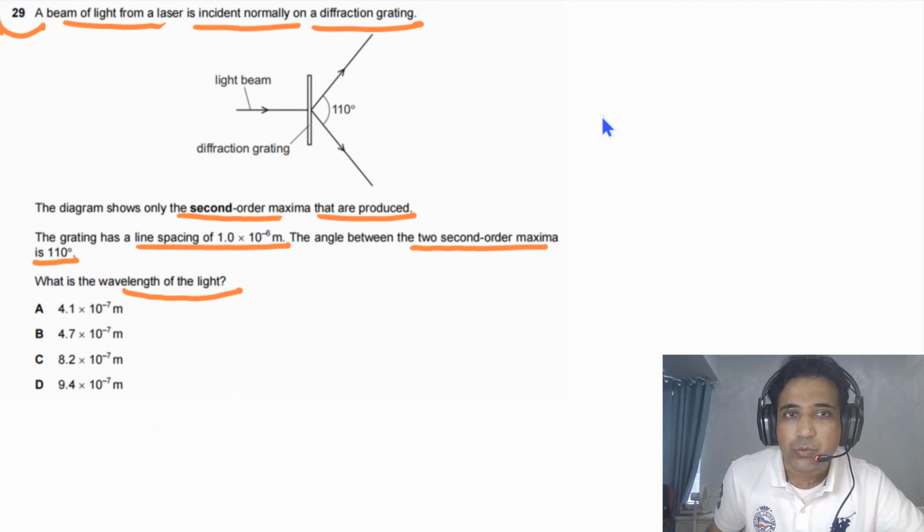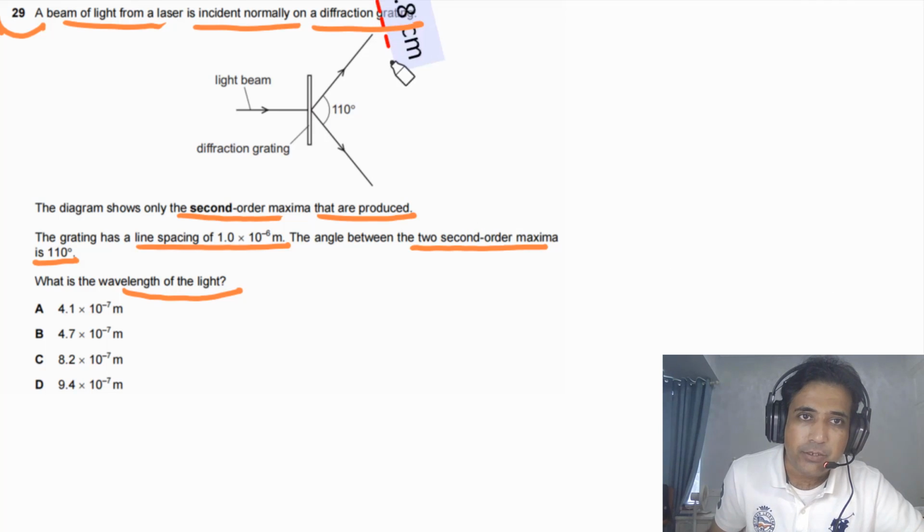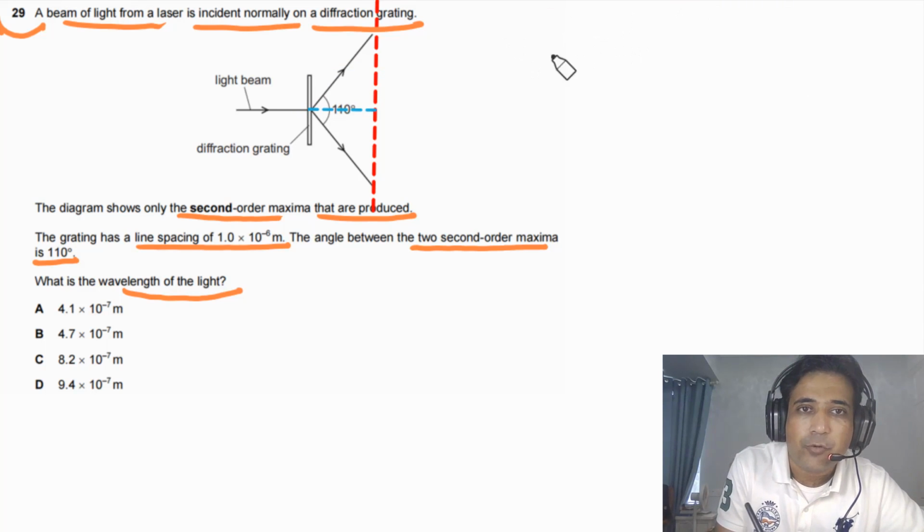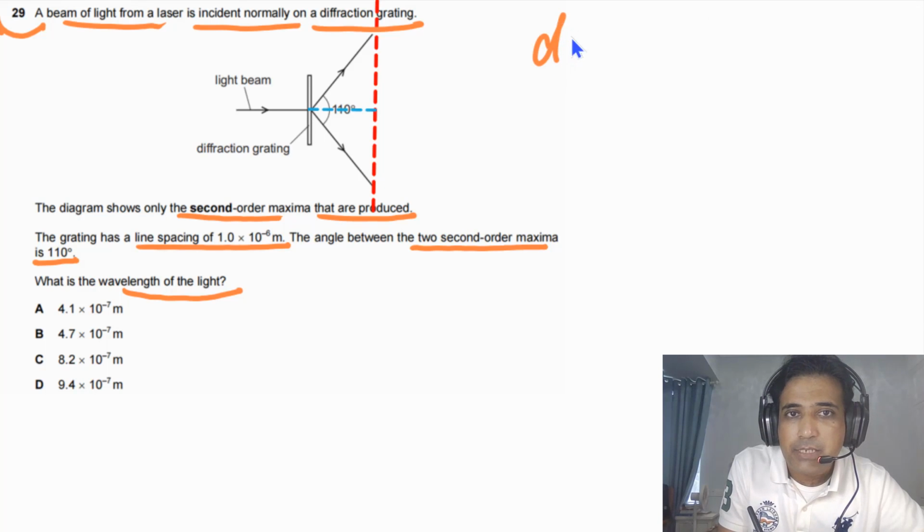So in this case, we are using a diffraction grating. So simply we can imagine our screen is placed here. So this one is the screen. And in this case, we can also draw one line from the center. So it means here we will observe the center maxima. Now we need to understand the formula for diffraction grating. d sine theta is equal to n times lambda.